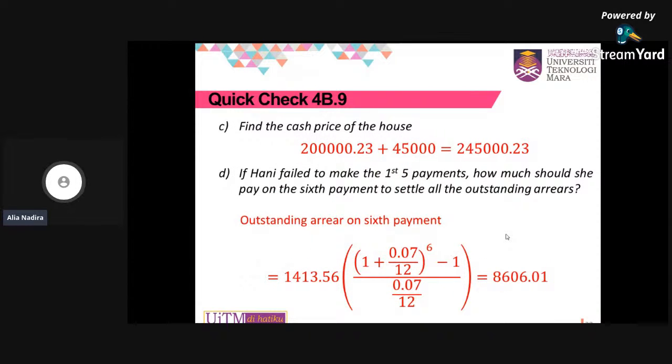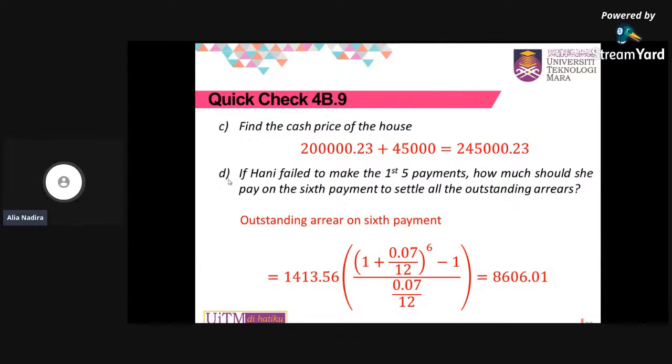Okay, find the cash price of the house. Cash price is the price of the house lah, harga rumah tu. So you kena tambahkan dengan bayaran muka, down payment dia bayar dan juga amount of the loan. So that is the price of the house, harga rumah tu. Katakan dia tak ada any down payment. So, kalau dia tak ada down payment, the price of the house will be 200,000 ringgit.